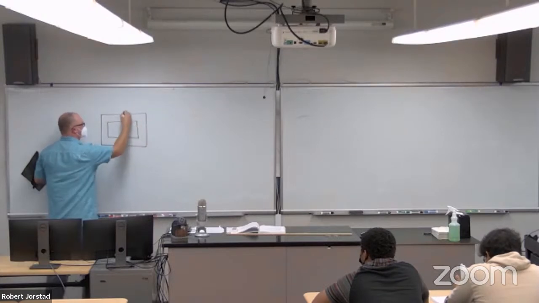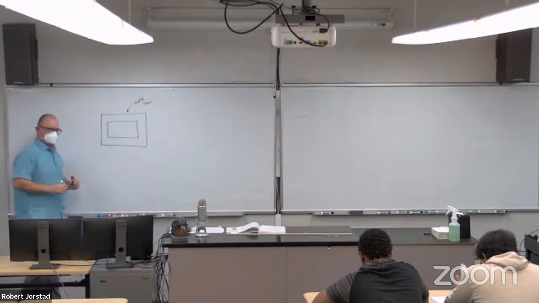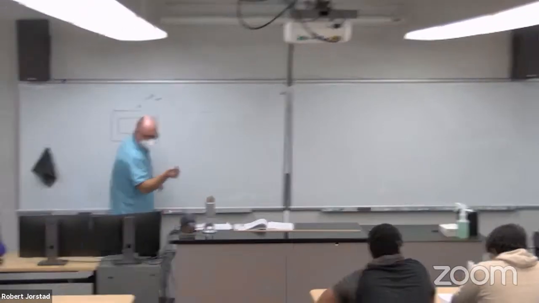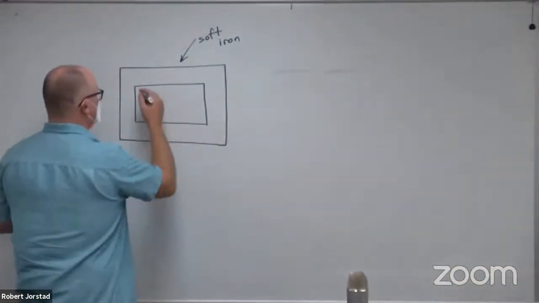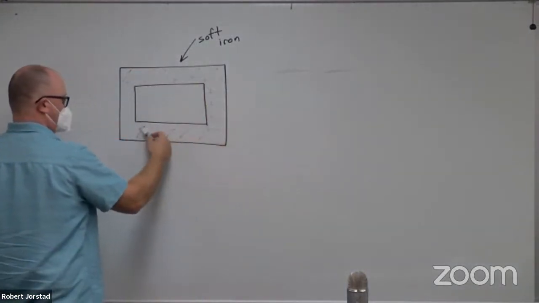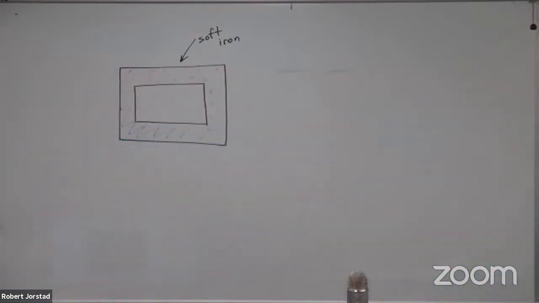It's soft iron. And it's much more complicated than what I'm going into here, so I'm just going to gloss over it. We have some iron here, all right? The iron is useful, just like we saw in this example right here.